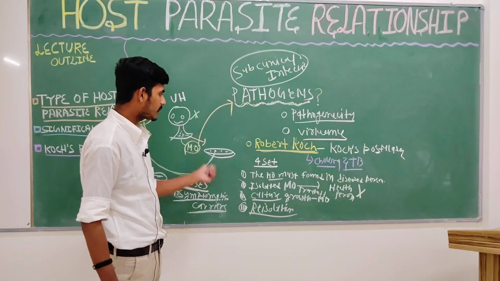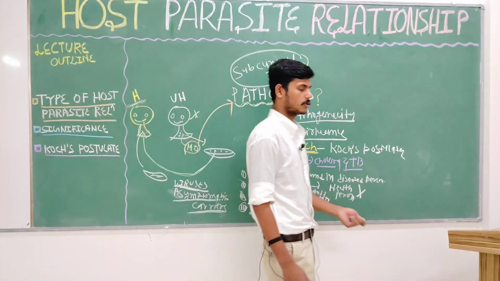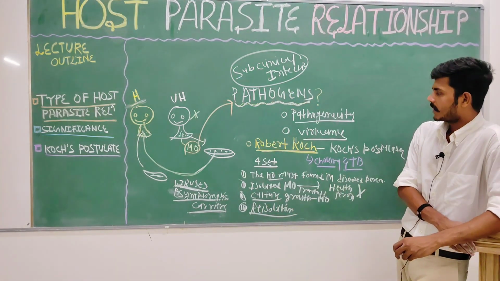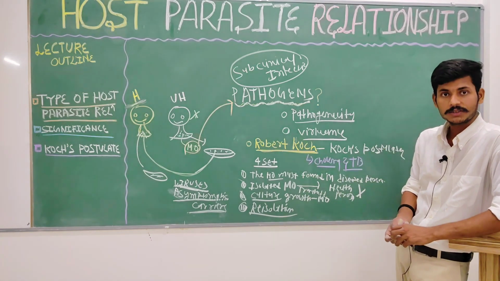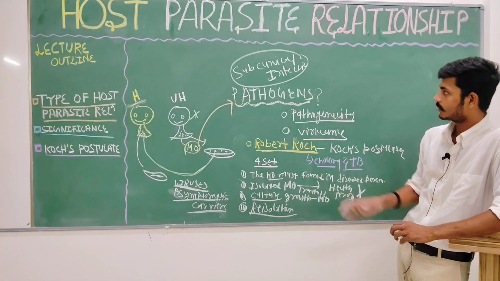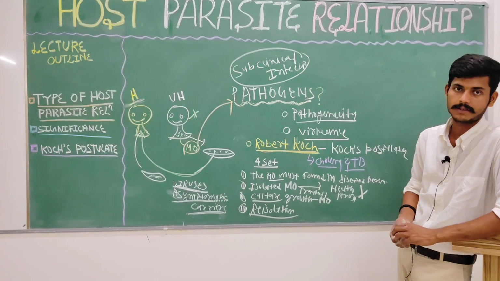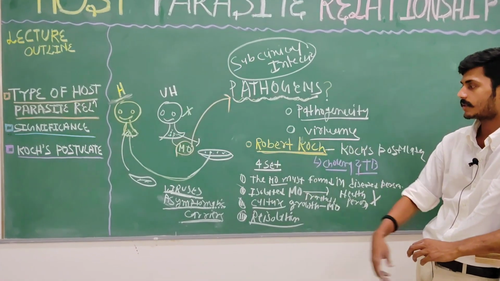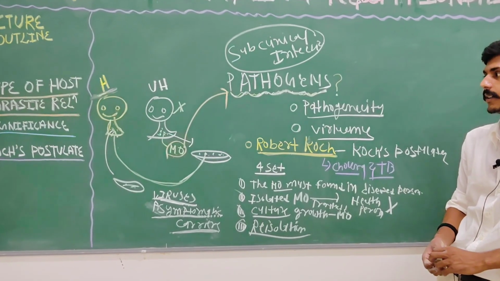And viruses and asymptomatic carriers are the two borderlines or limitations, the drawbacks of Robert Koch's postulates. But still his postulates are used to confirm an organism as a pathogen. The only limitation is linked with viruses and asymptomatic carriers.